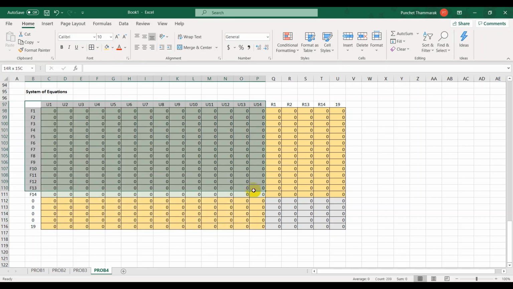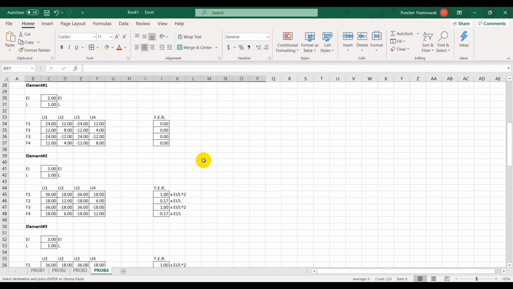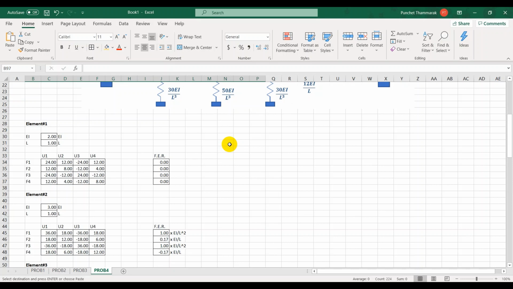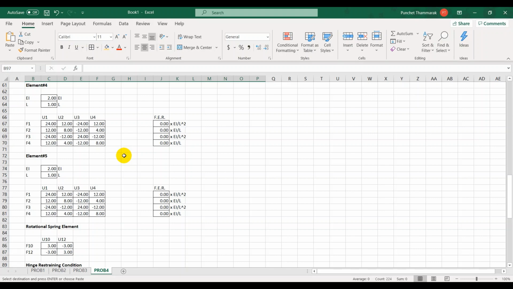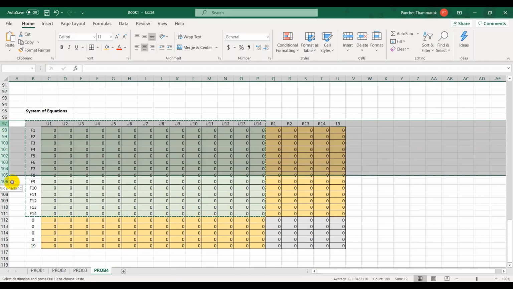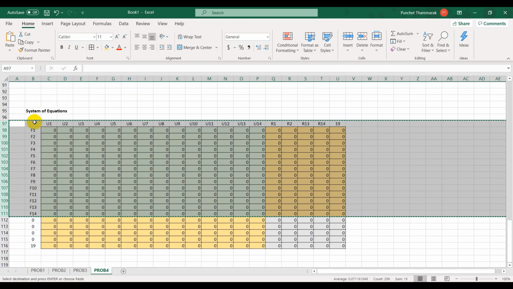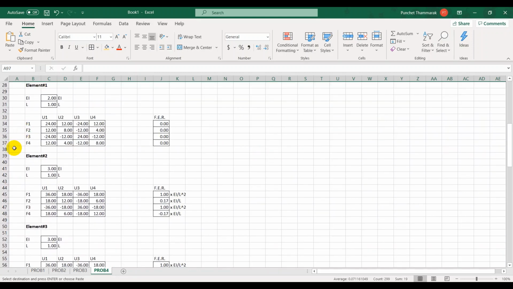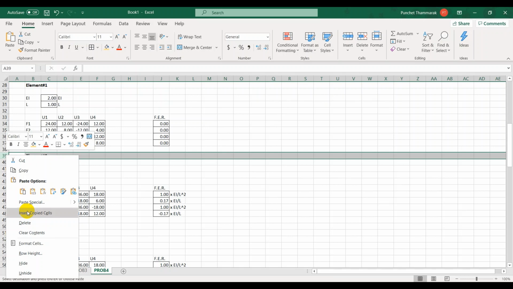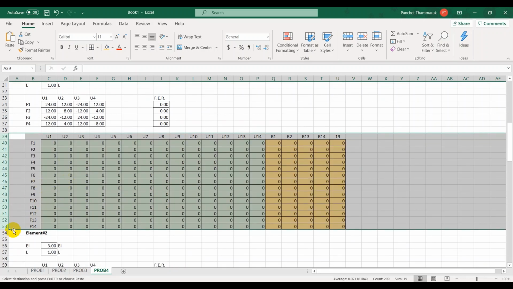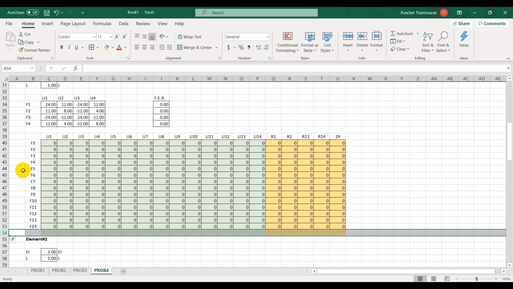So first of all, I think I need to put this, let me do it this way. Let's just copy this, copy, and then insert and clear formatting.